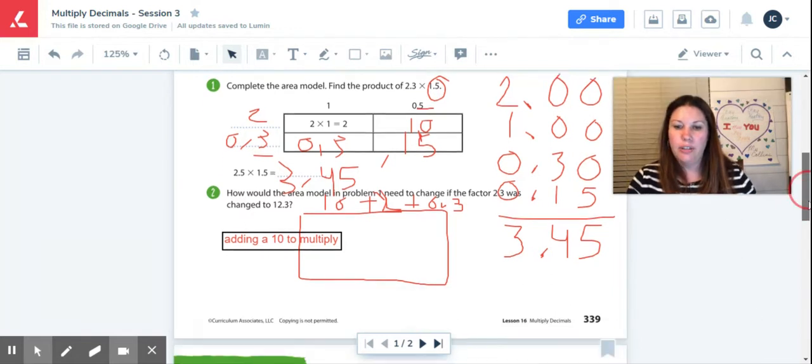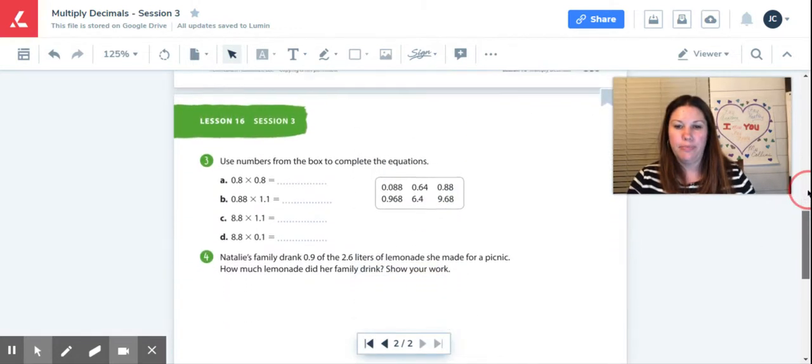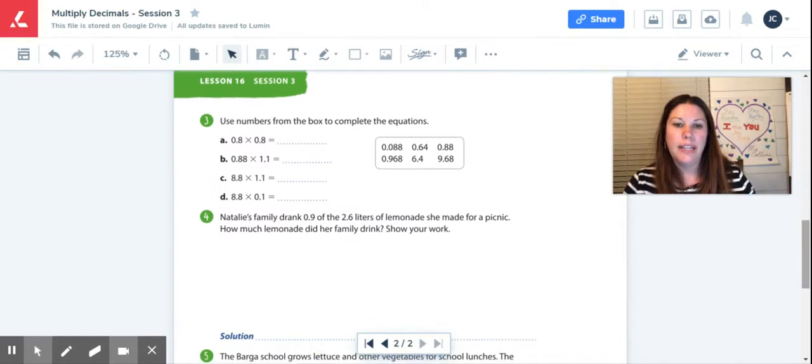Now let's go ahead and do number 3. Number 3 says use numbers from the box to complete these equations. So here would be the answers, and we're going to multiply. Well, I know that 8 times 8 is 64. So I'm going to go ahead and type that in. So that's 64.